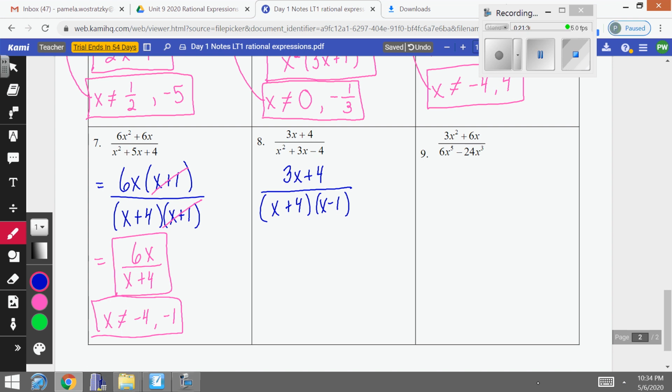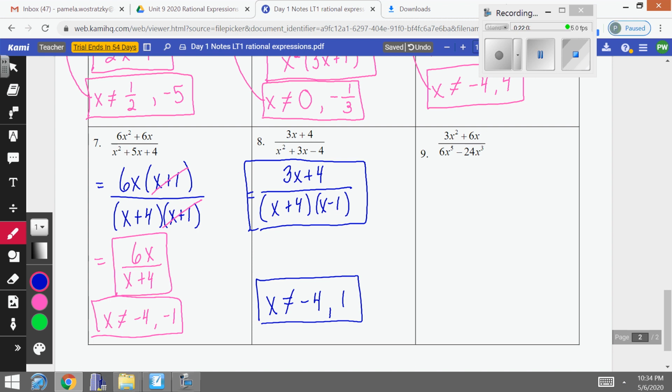Hopefully you're like, no, because this is a 3x plus 4. So can anything reduce on this one? No. Now, is that going to happen a lot if I'm asking you to reduce on these? No. But this is just the factored form. Nothing can reduce. That already was in simplified form. And that's okay. Sometimes things don't have any common factors in the numerator and denominator. So we can still have excluded values, though. X cannot equal negative 4 and x cannot equal 1.